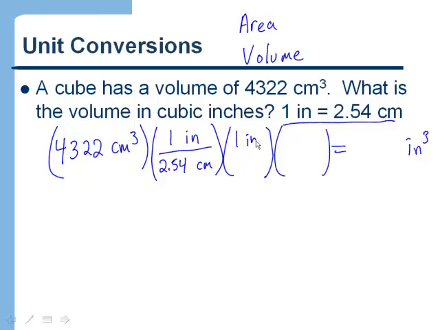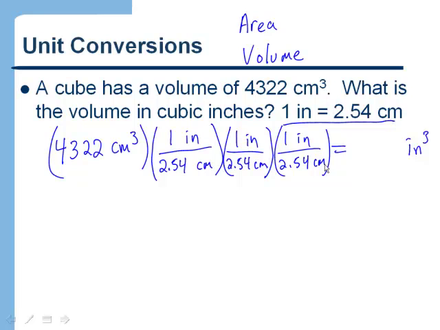So 1 inch divided by 2.54 centimeters, and 1 inch divided by 2.54 centimeters. Now on the bottom we have centimeters times centimeters times centimeters, which gives us centimeters cubed, and so that will cancel the centimeters cubed we have. And on the top we have inches times inches times inches, which is inches cubed, which is what we want.